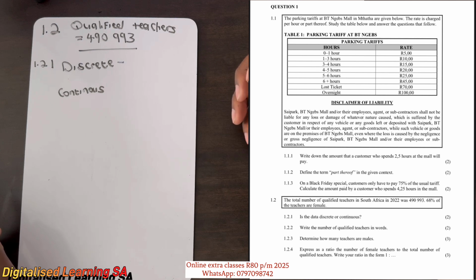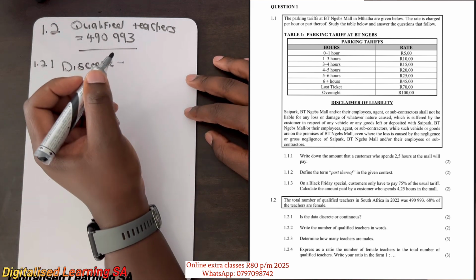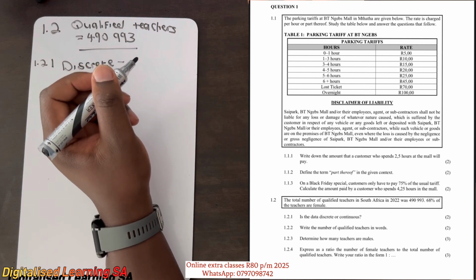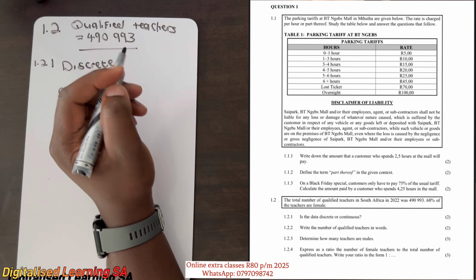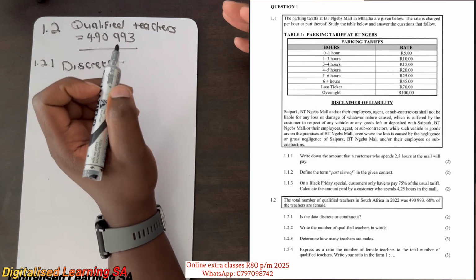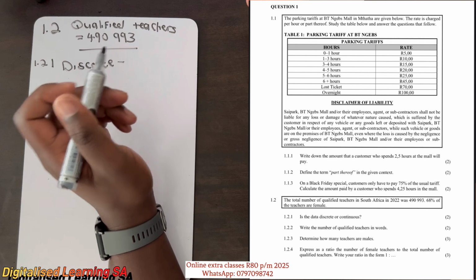In this case, the answer or the data does not need to be in a fraction or a decimal way. What does that mean? It means that it can either be 1, it can either be 10, it can either be 100, 115, but it does not need to be 10.5 or 10.2.